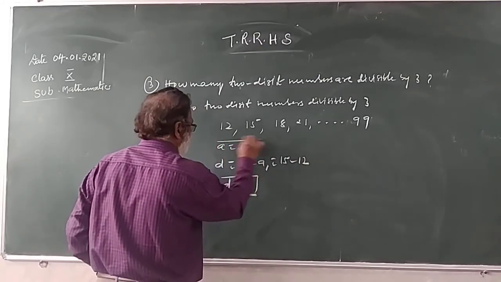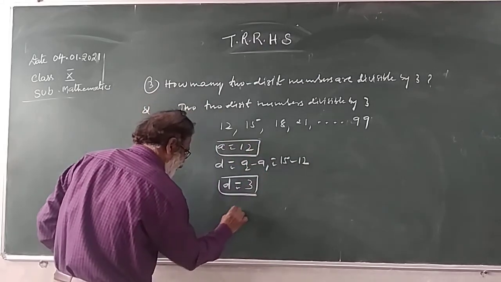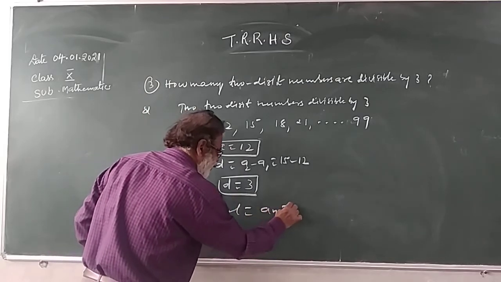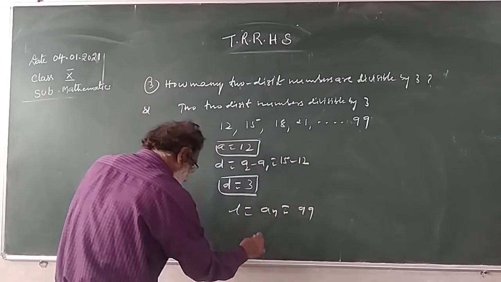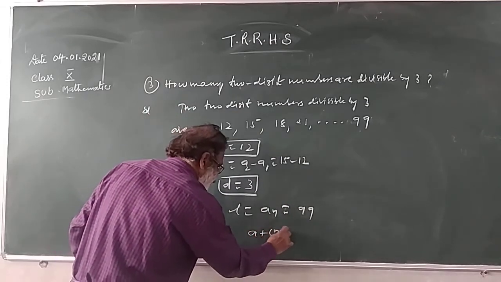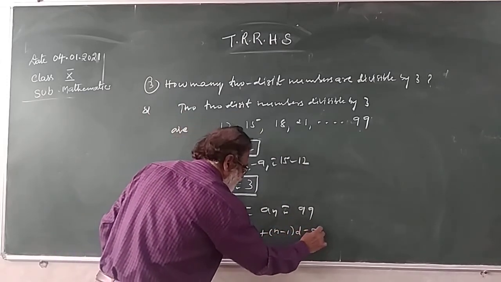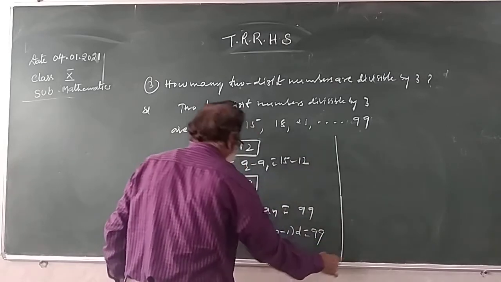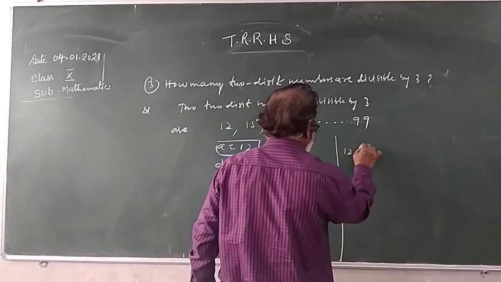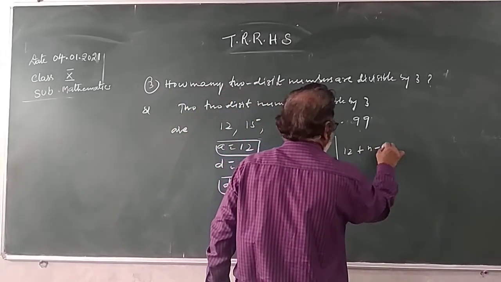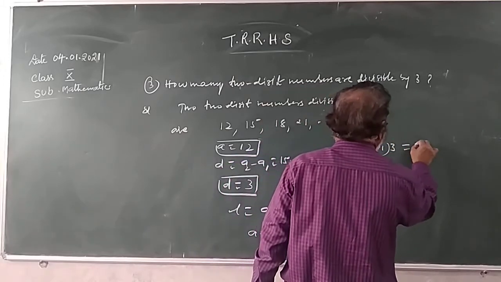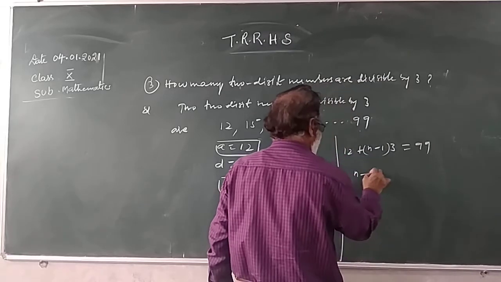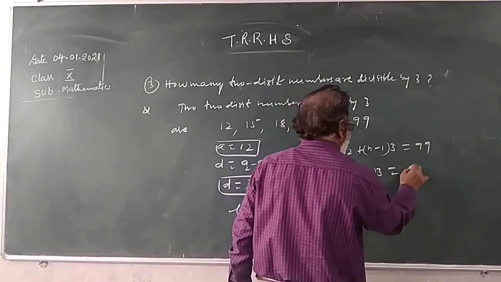D equal to 3. A equal to 12. And the last term AN is 99. The AN formula is A plus n minus 1 into d equal to 99. Substitute the values: 12 plus n minus 1 into 3 is equal to 99.